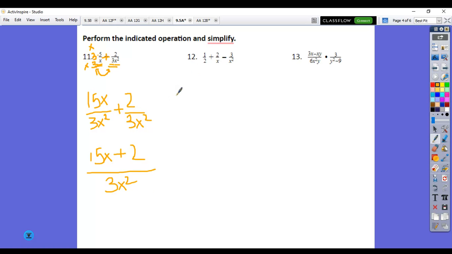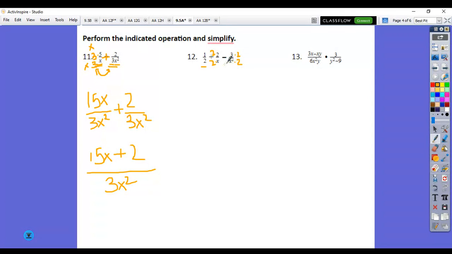In number 12. All right, so let's just take this in pieces. If this has a plain 2, I need to multiply top and bottom here by 2. So they all have a 2. Now, this has an x, but this has an x squared.